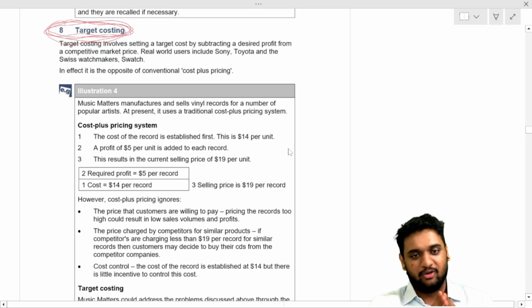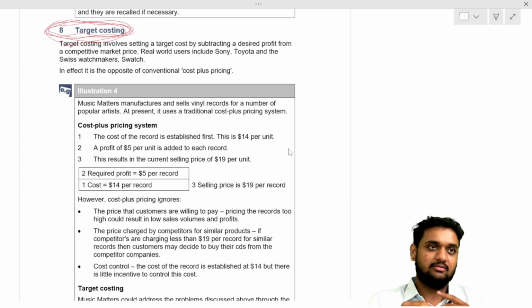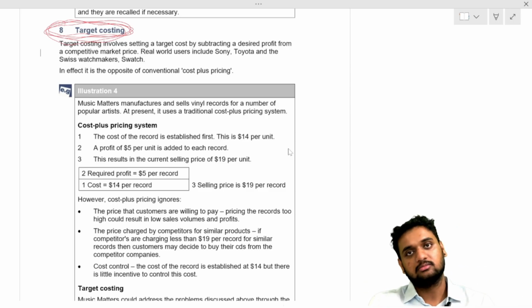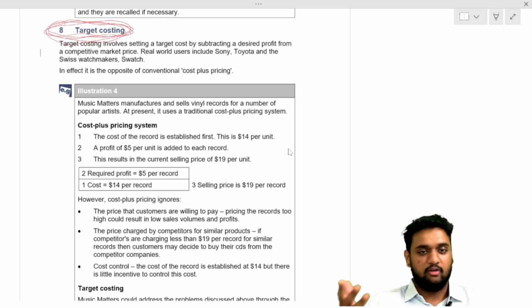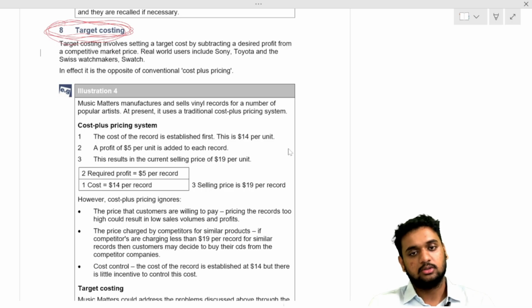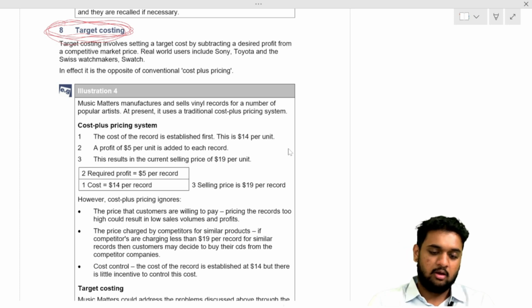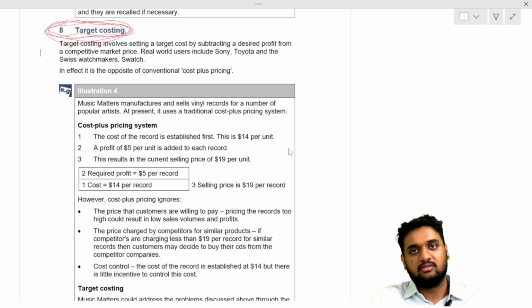The easiest concept of all is target costing. Set a target. That is target costing. How will you set a target cost? Suppose I am starting a restaurant and I am going to sell Chinese fried rice.